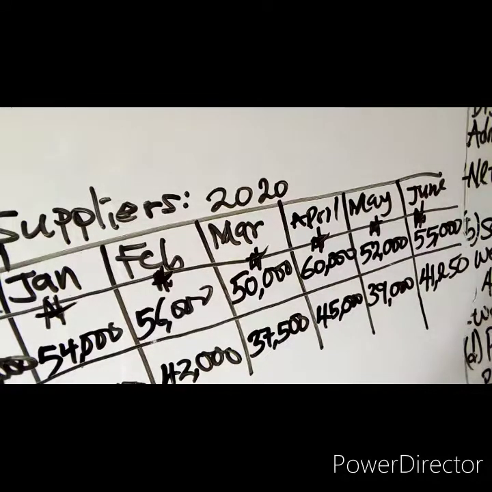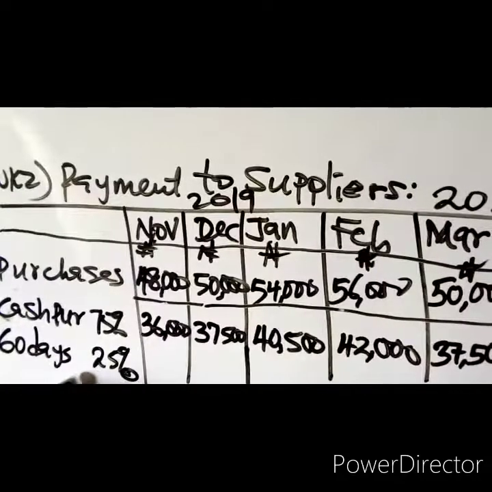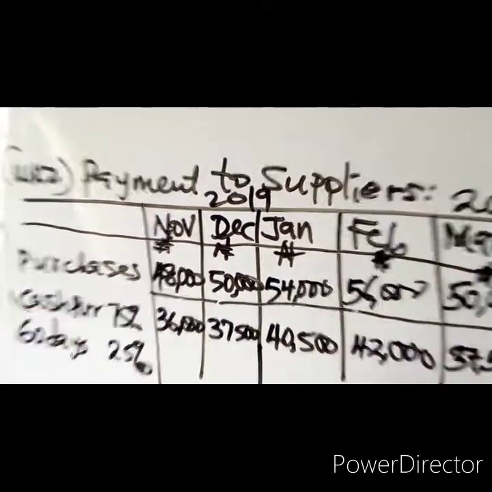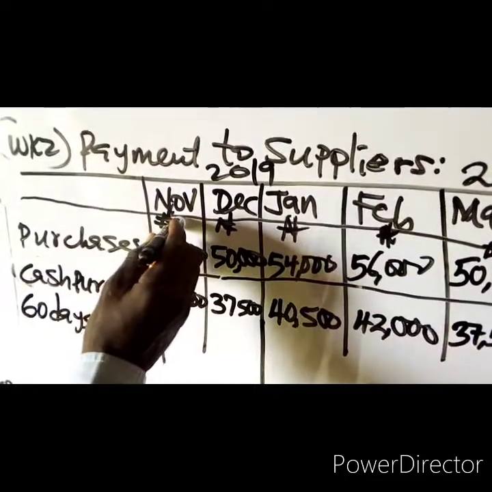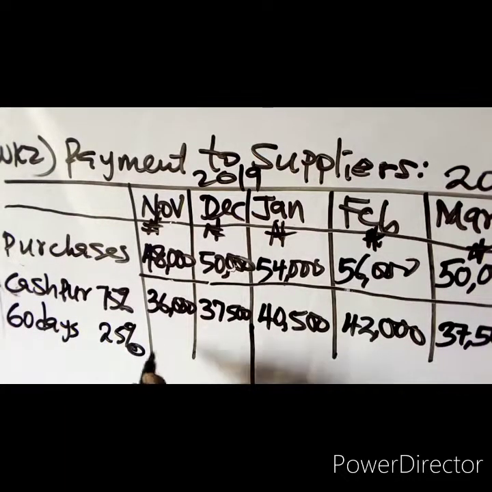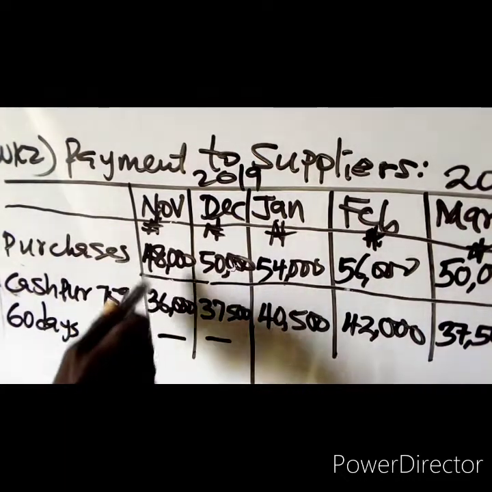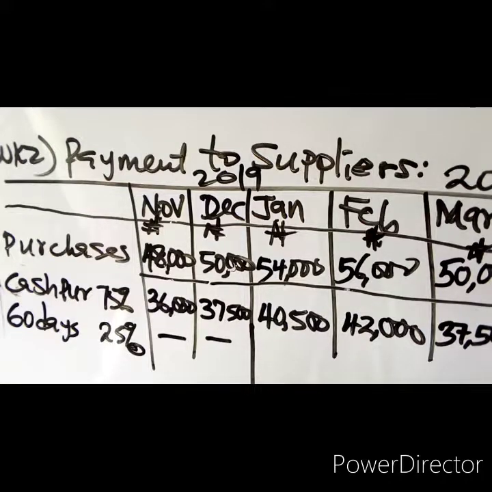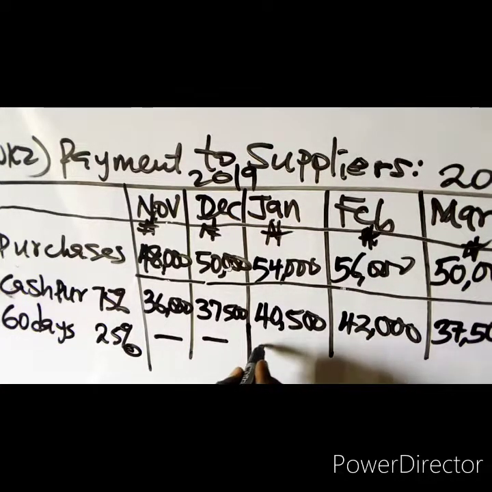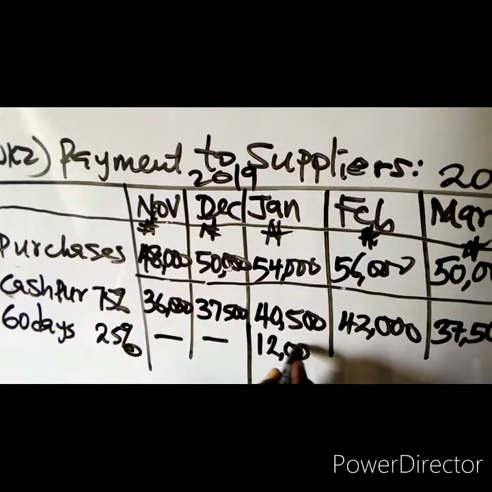The balance after 2 months. A month is approximately 30 days. Now that means the balance, which is 25%, will be paid in 60 days after. 2 months after November, count 2 months now. You have December and January. That means 25% of 48,000 is 12,000, and that will be paid in January.